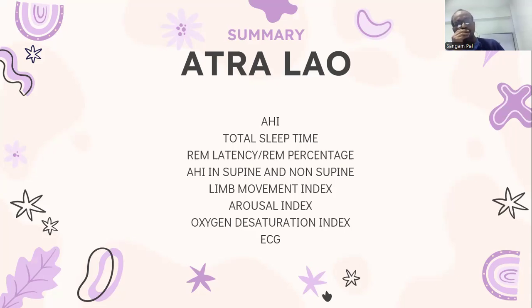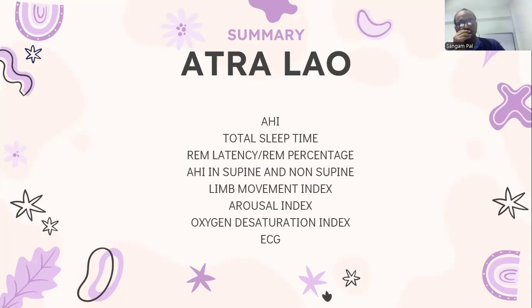Then total sleep time. See, this is important. If the patient has done a level 1 study in lab and the patient didn't sleep at all, slept for 1 hour, and if we do not notice that and we give our treatment on the basis of that, it may not be prudent. So maybe we have to repeat the test.